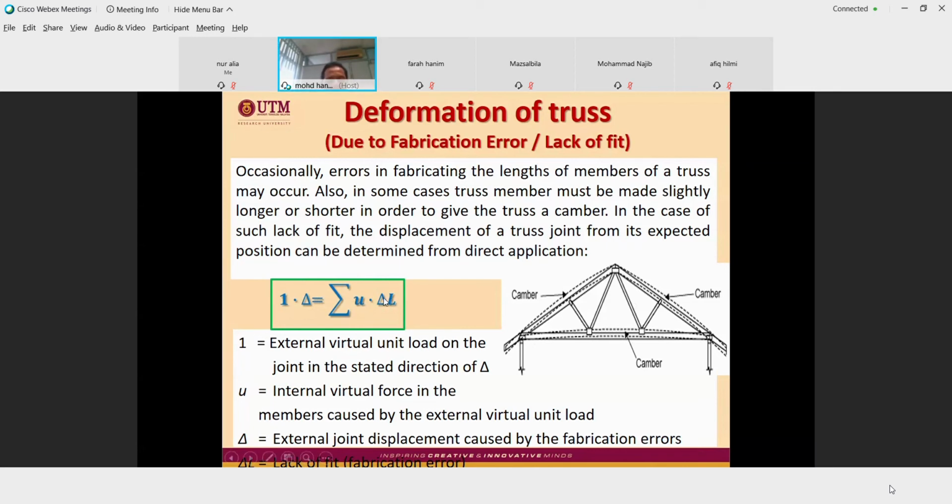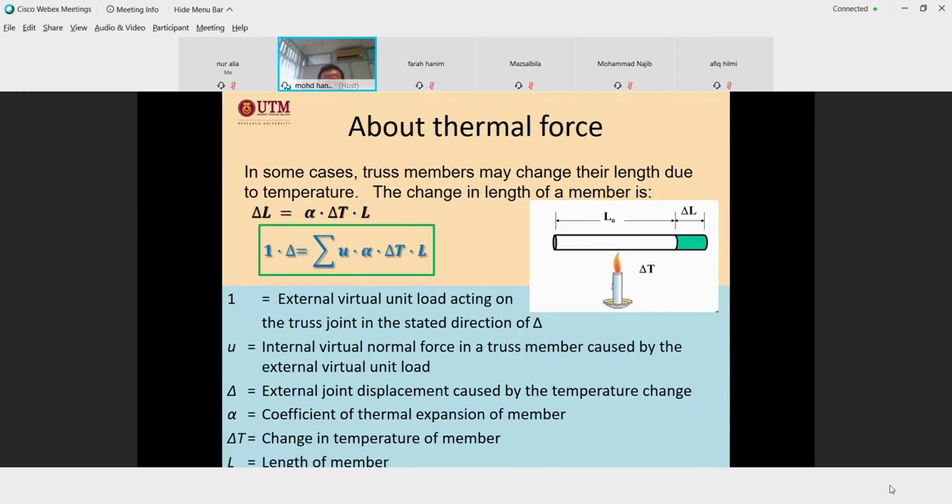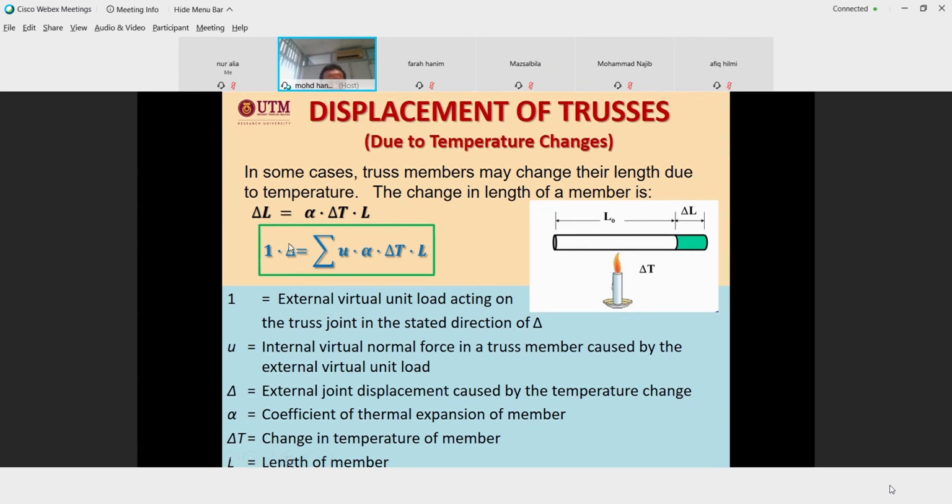This is the deformation of each member, multiplied by U, which is the force in a member due to the unit load. What is the difference here? Here, this is the force, and this one is deflection. This one is actually delta L.